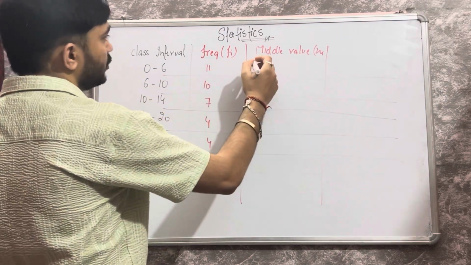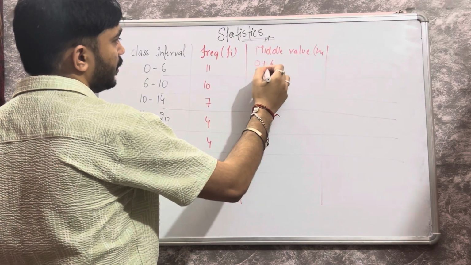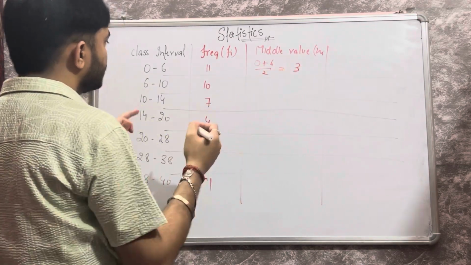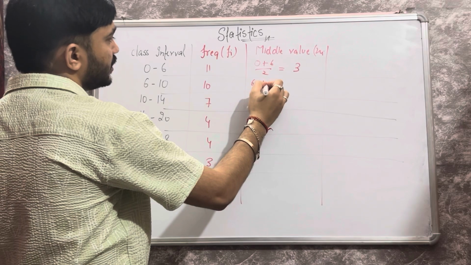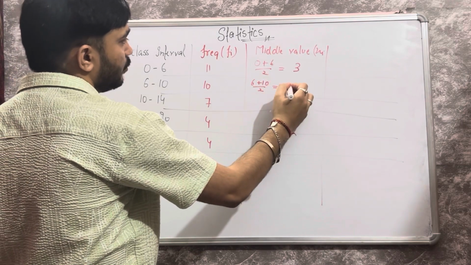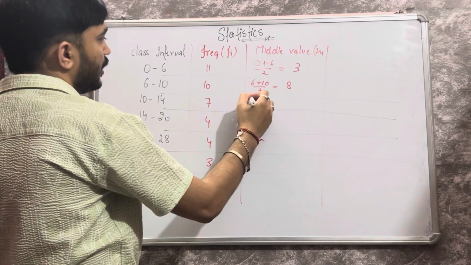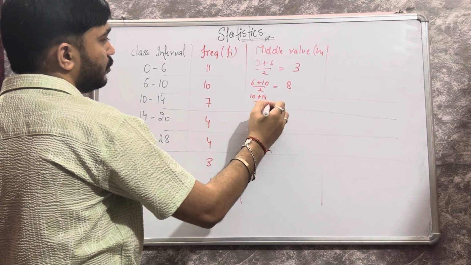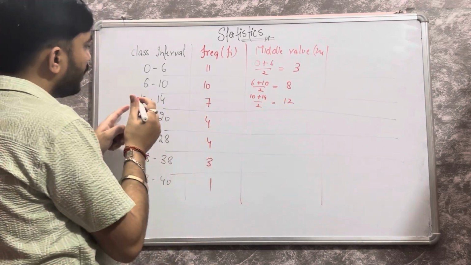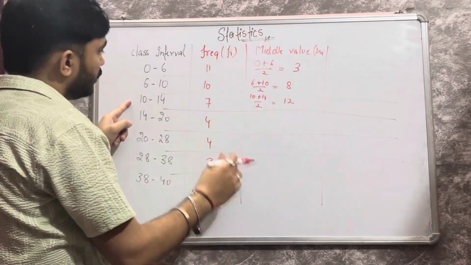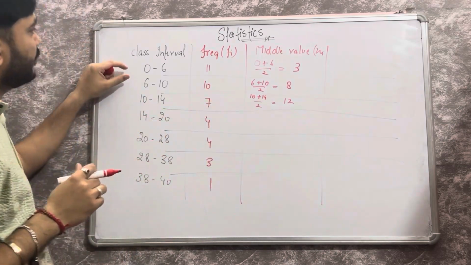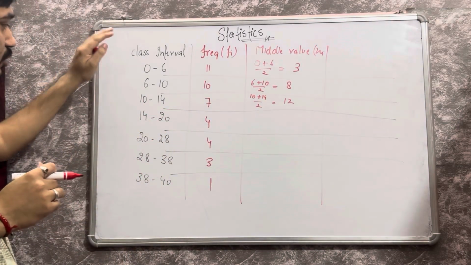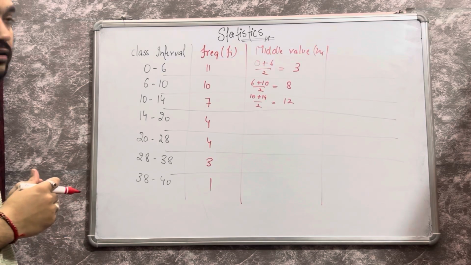That is 0 plus 6 divided by 2 is 3. So the middle value is 3. 6 plus 10 divided by 2, that is 16 divided by 2 is 8. 10 plus 14 divided by 2, that is equal to 12. You have to find all the values like this because the difference between the class interval is not same throughout the class interval.